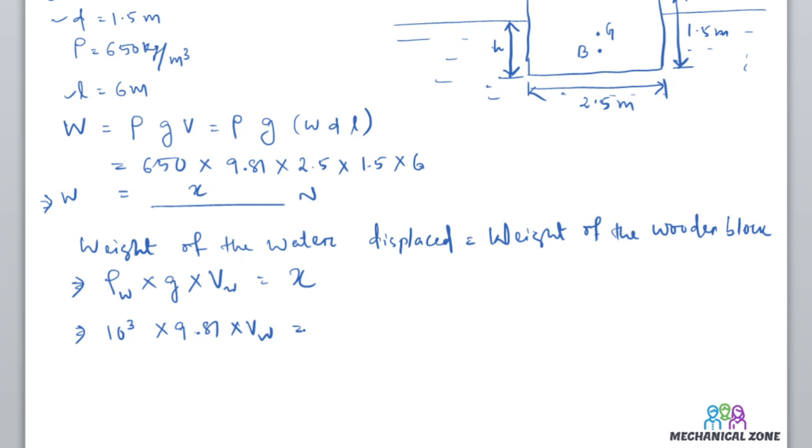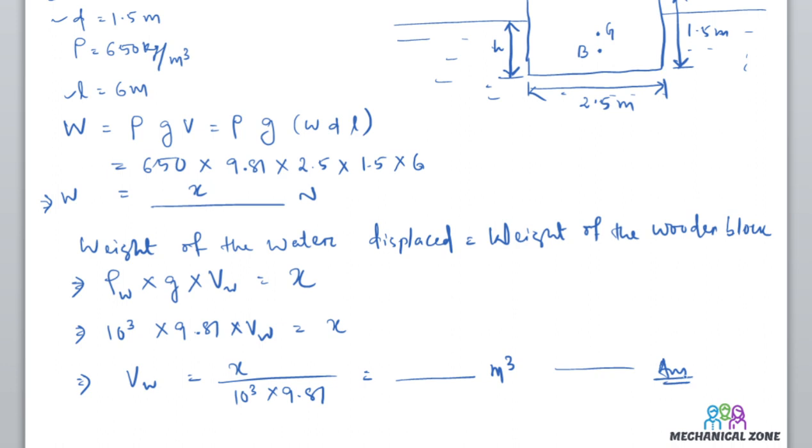VW is X. From here, VW will be X divided by 10 to the power 3 into 9.81. You will get the value of volume of water displaced in terms of meter cube. This is the first part of the answer.